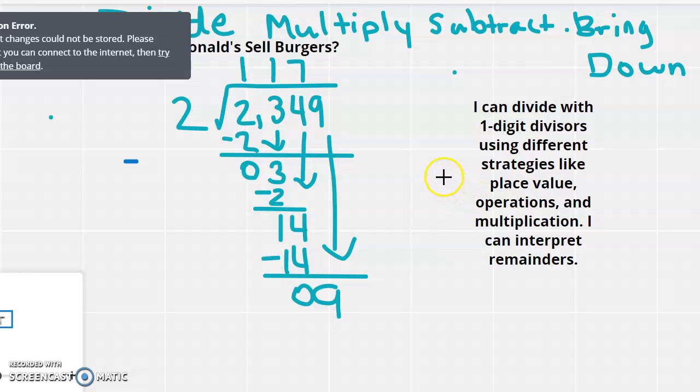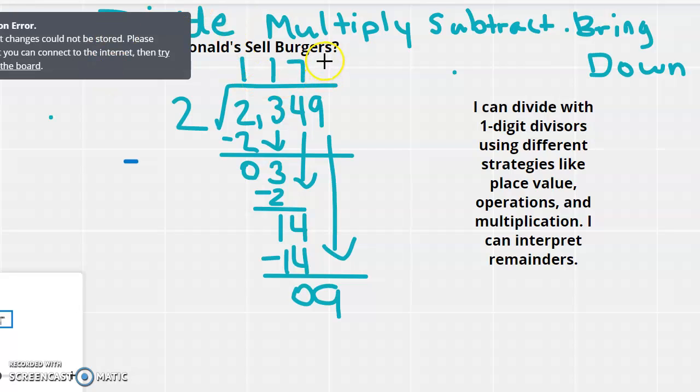So I bring down the 9, and I have to ask myself, how many 2's are there in 9? Using multiplication, 2 times 1 is 2, 2 times 2 is 4, 2 times 3 is 6, 2 times 4 is 8, 2 times 5 is 10. 10 is more than 9, so I can't use 5, but I can use 4.